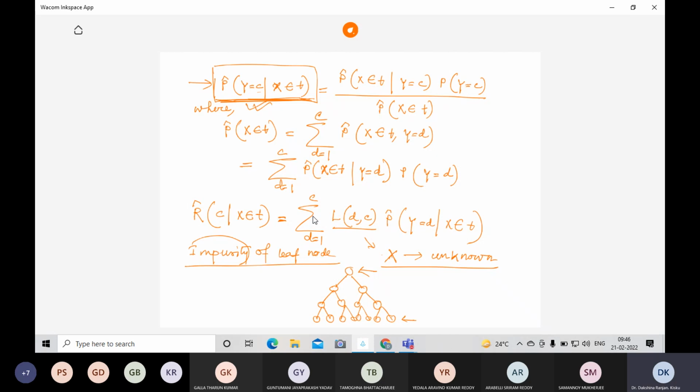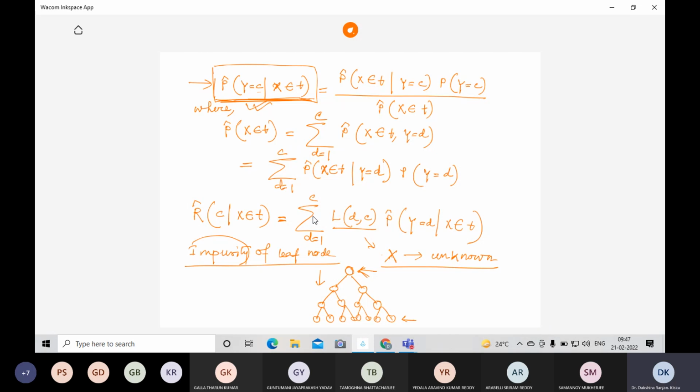Okay, that means whenever we enter the value of this unknown sample through the root node, at the root node we do not have any information about the class or the label of this unknown example.